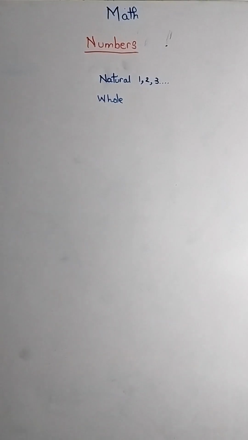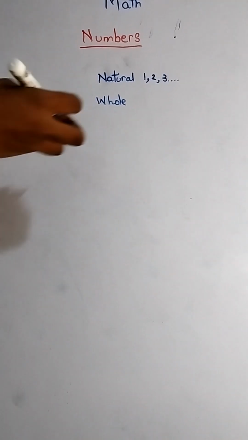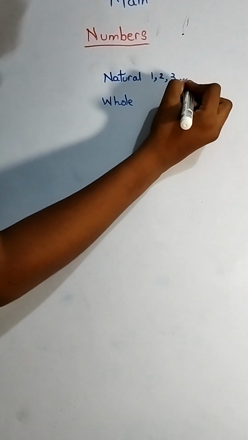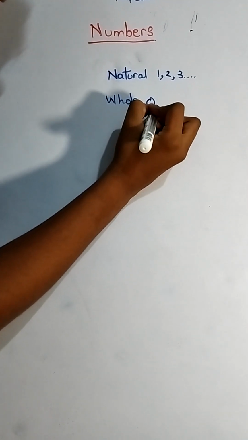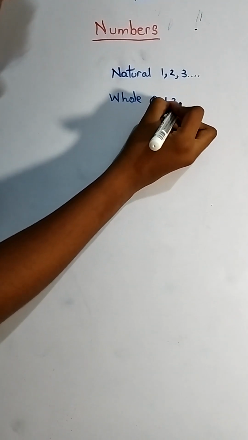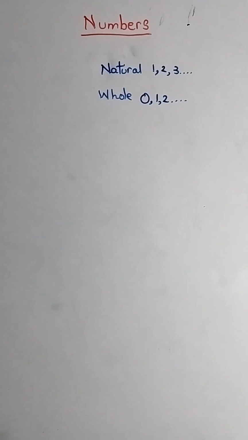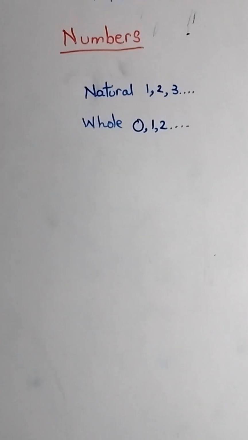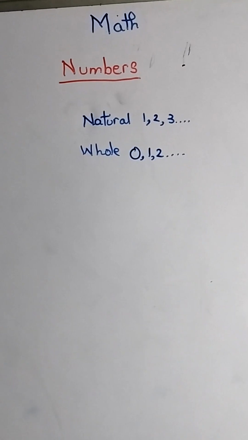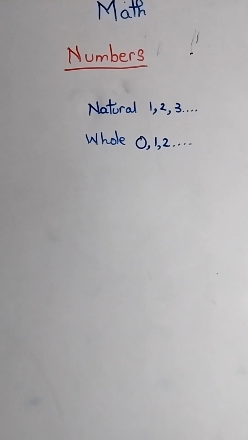Whole numbers are the numbers which cover all the natural numbers but include 0. Alright, so we can make this easier by tabulating it, by circling these.